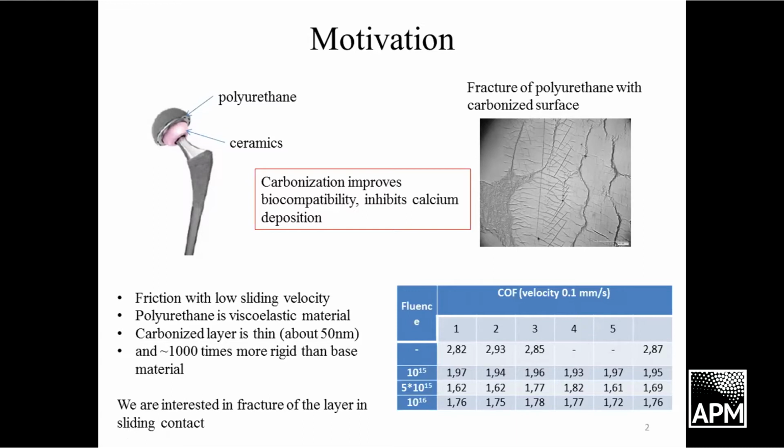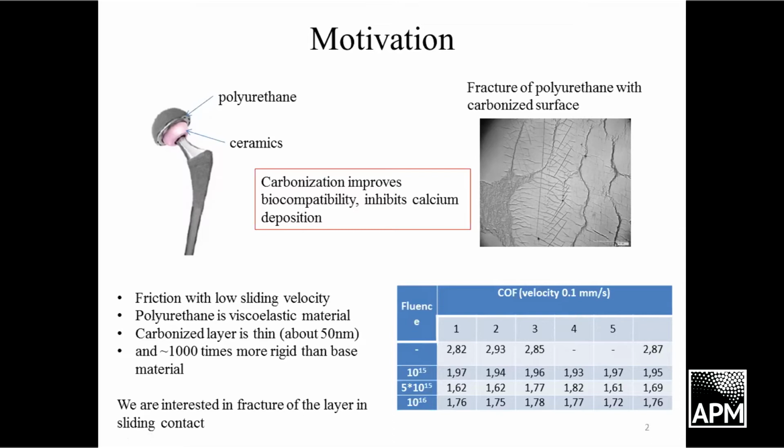Another motivation is that this carbonized layer can be destroyed. Here is the picture of the carbonized layer with cracks, but not only cracks, we also have a piece without carbonized layer. Cracks are not really a problem if we have contact of ceramic and polymer material through the layer.